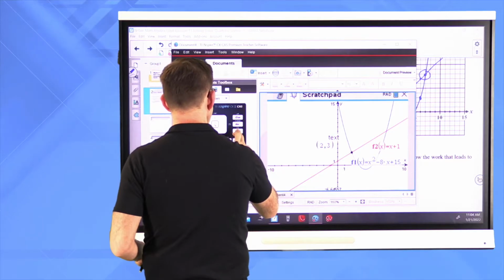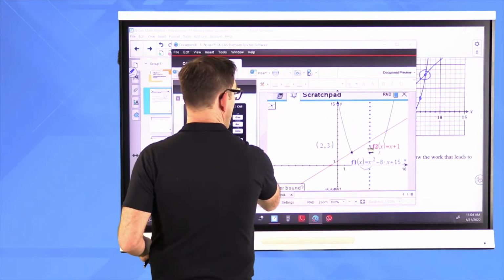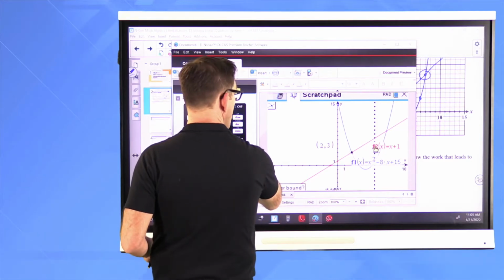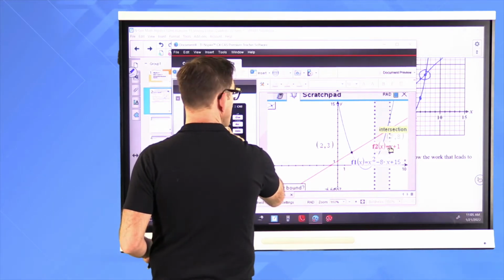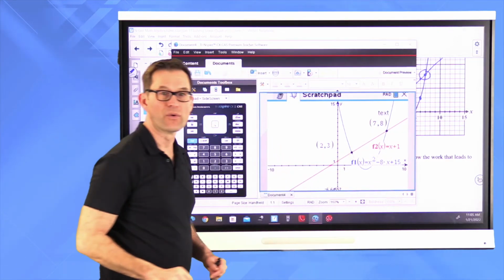If I do it again, menu, analyze, intersect, but now I kind of bring it here, enter, drag it past that intersection point, hopefully, enter, then I get my other intersection point, right?